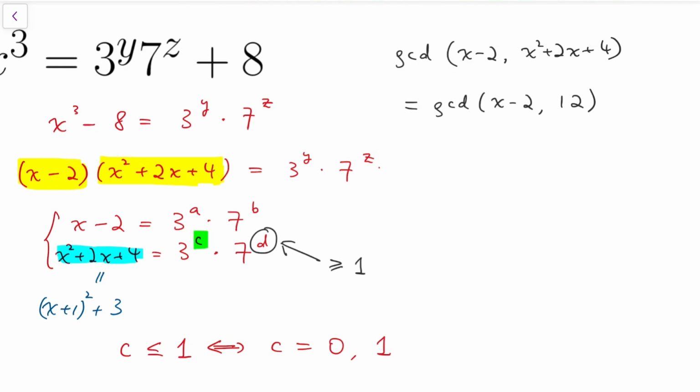So this GCD must be a factor of 12, and that does not include 7. That means they do not share 7 as a common prime factor. If one of the indices of 7, d, is at least 1, then the other index, b, must be equal to 0.